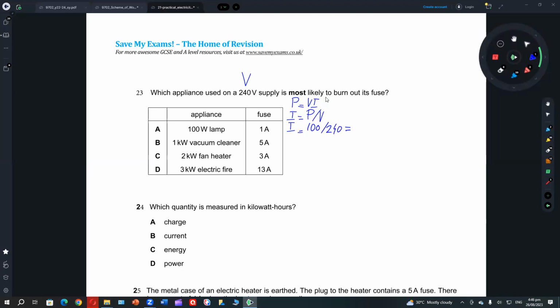100 upon 240. Then for the second circuit, 1000 upon 240.